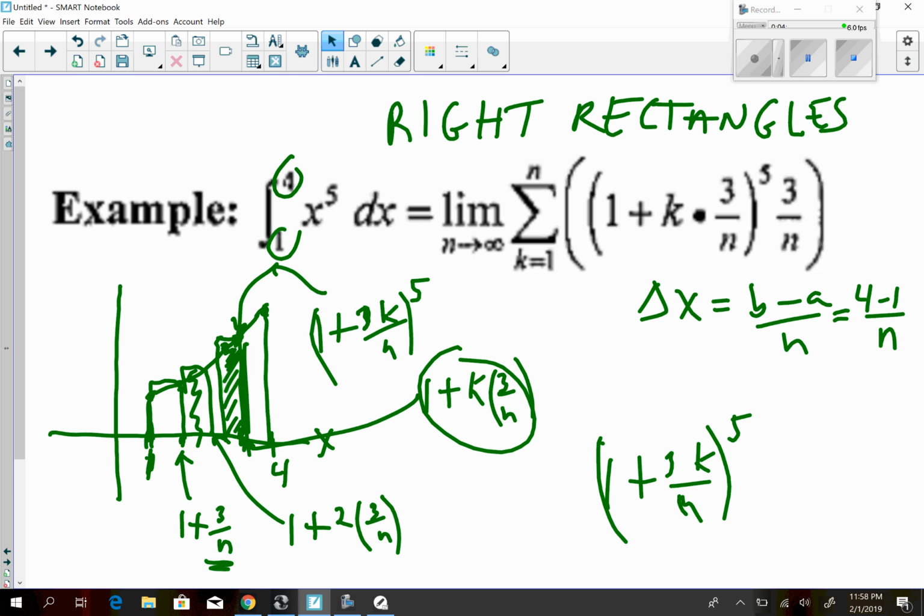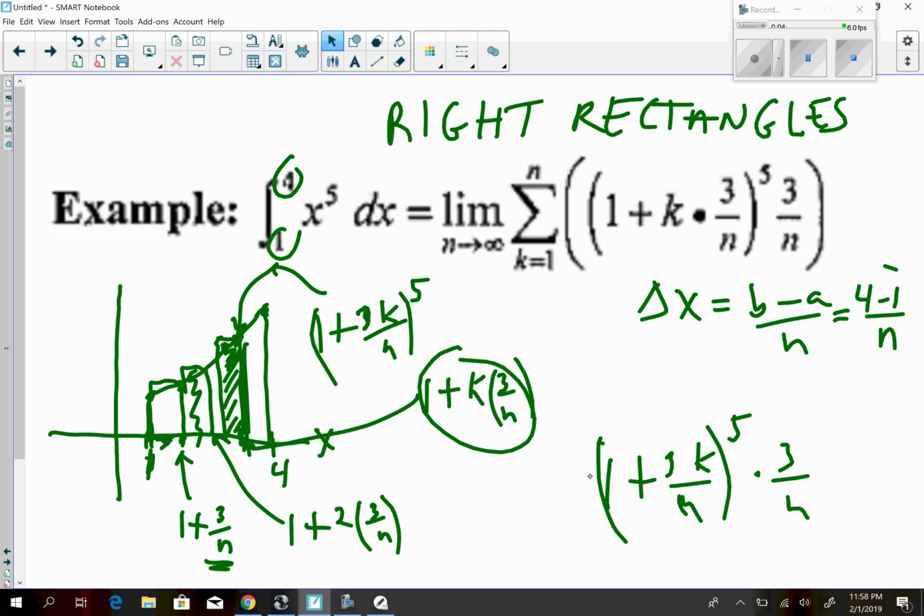The y value there is the height. The width of the rectangle is 3 over n, because every rectangle here has the width 3 over n. The length times the width is the area. So this would be the area of every rectangle.